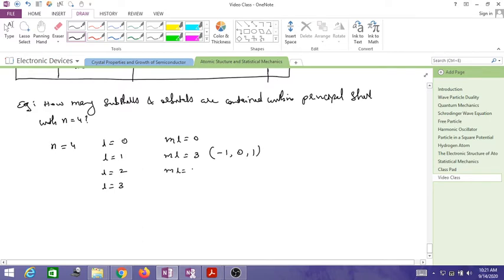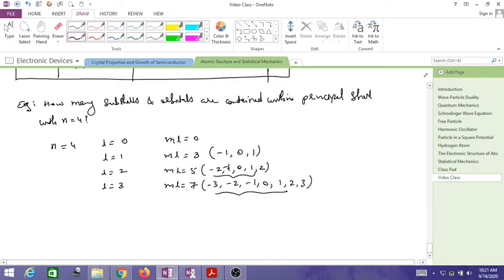Here ml gives 5 values because it is -2, -1, 0, 1, and 2. So that makes it 5 orbitals. And here ml gives 7 values, that is -3, -2, -1, 0, 1, 2, 3.